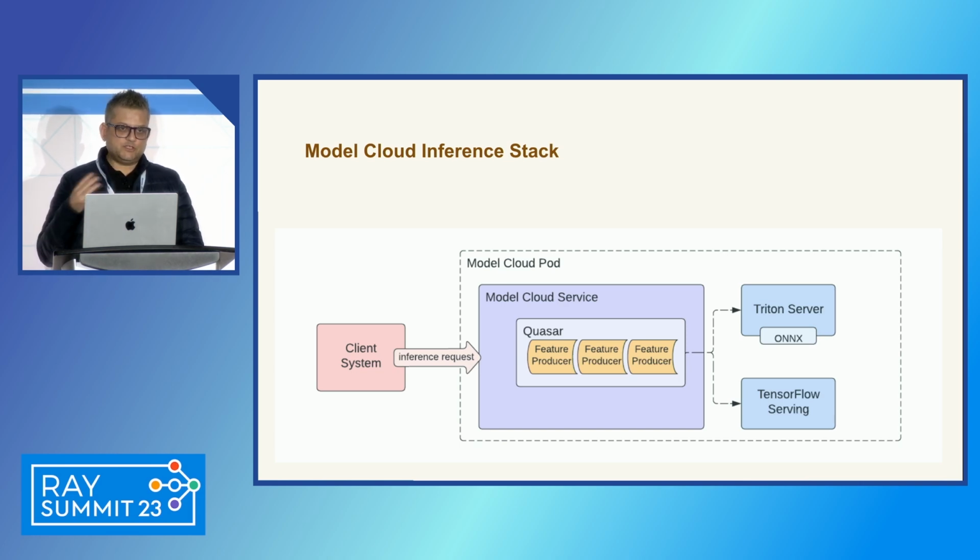It gets an inference request, does a bunch of feature producing, and hands it over to an inference server. Triton and TensorFlow Serving is what we use as a backend, and the inference is done on that stack. So the middleware service is really doing feature massaging and feature fetching and then handing it over to the inference server.